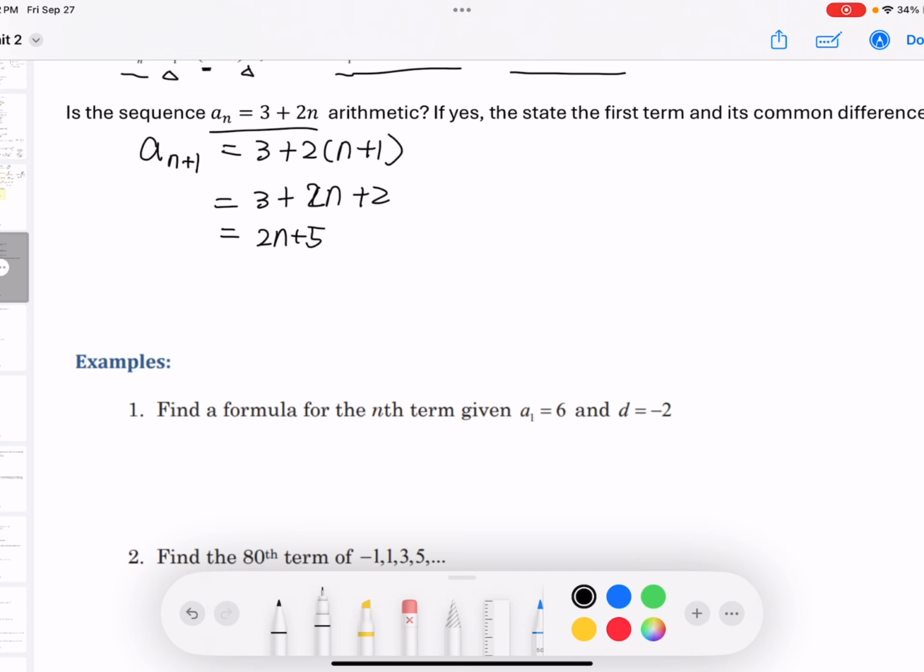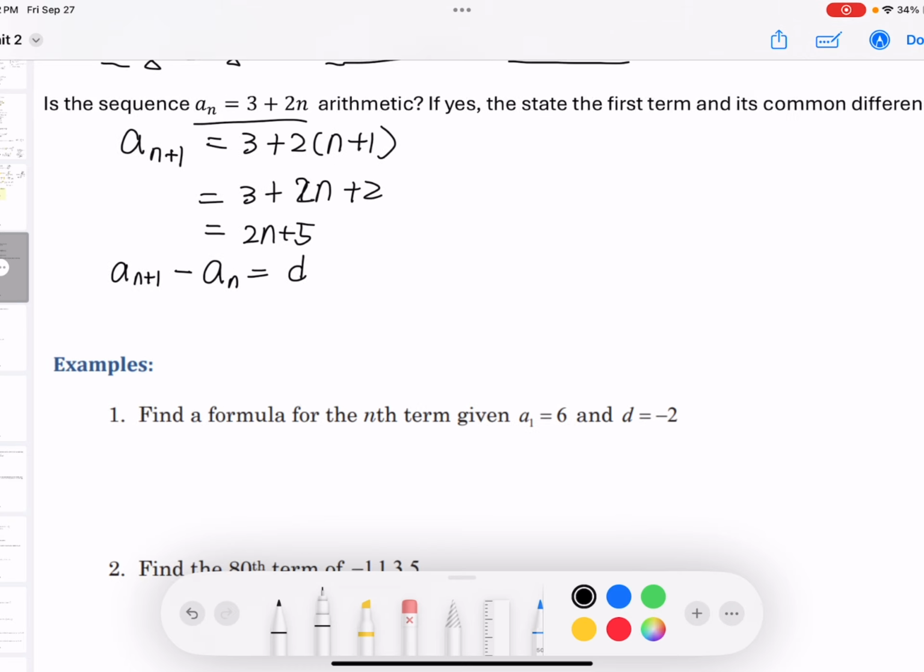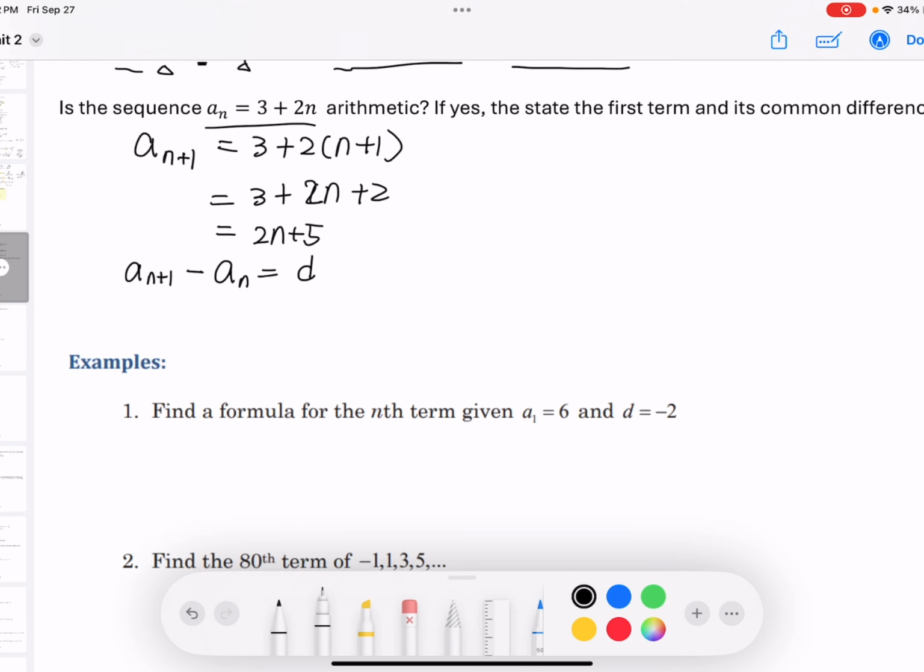If I can verify that a sub n plus 1 minus a sub n is equal to d, because n is any random number, it doesn't matter whether it's my first term, second term, or last term. So if I can prove d is a constant number, then this is an arithmetic sequence. So let's plug in.